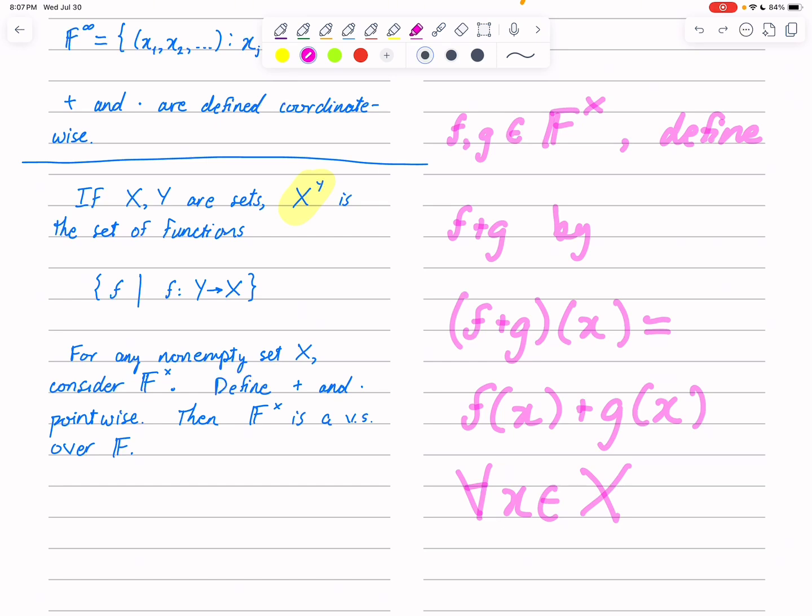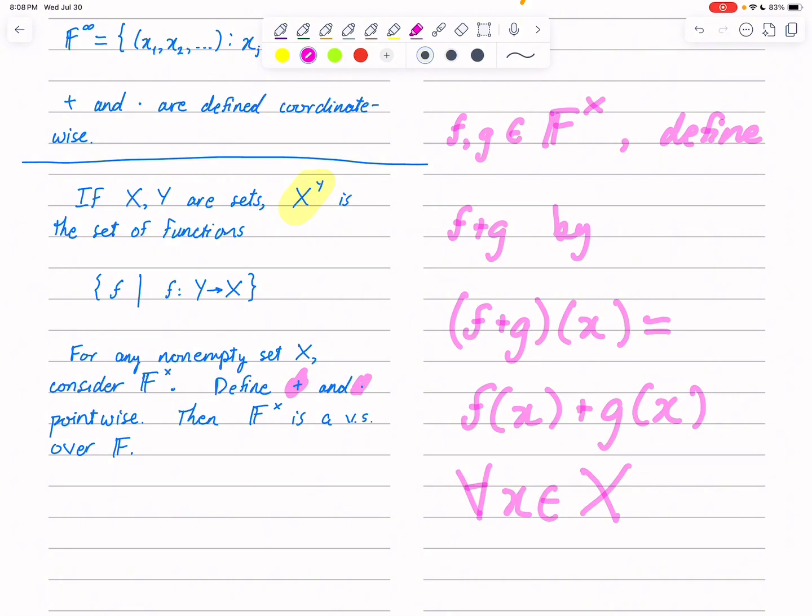So let's take any arbitrary input from the set X, and I'm going to tell you how to get its output. Well, you just do it coordinate or point-wise, right? So you just take whatever this X is and hand it over to f and hand it over to g, and then whatever the f of X and g of X are, you add them together, and that is the output of the f plus g function. So I've now told you what the function is because I've told you for any given input what is its corresponding output. So that's the definition of plus in this example.